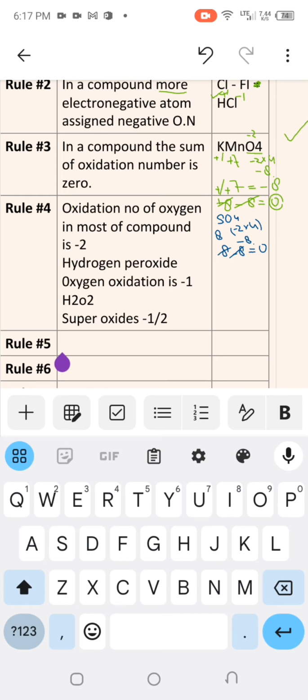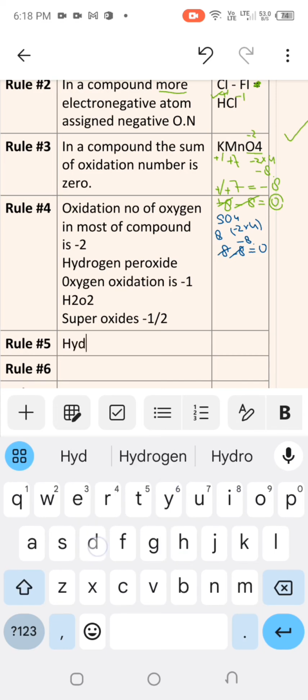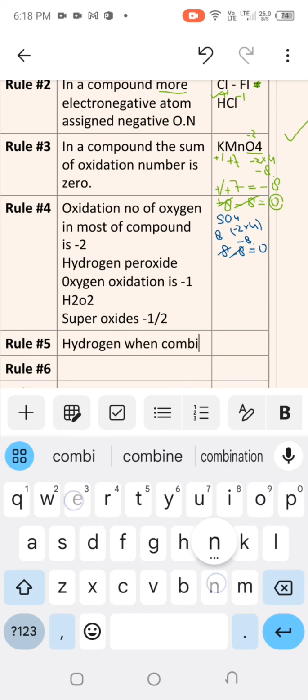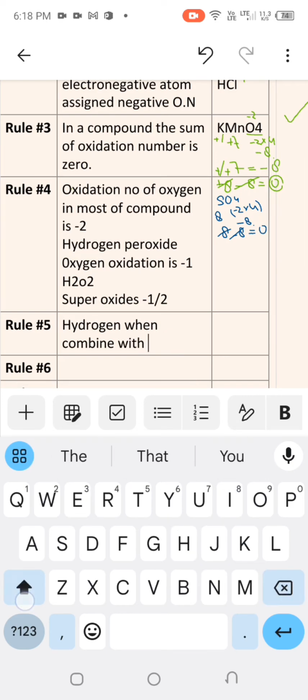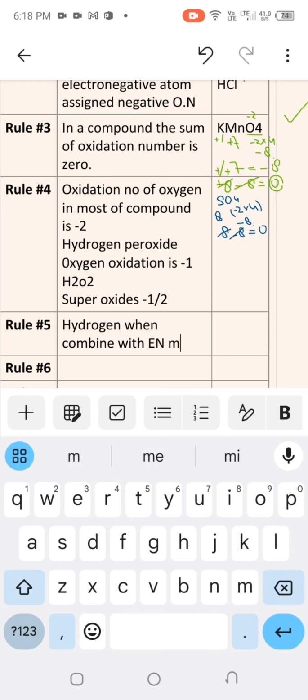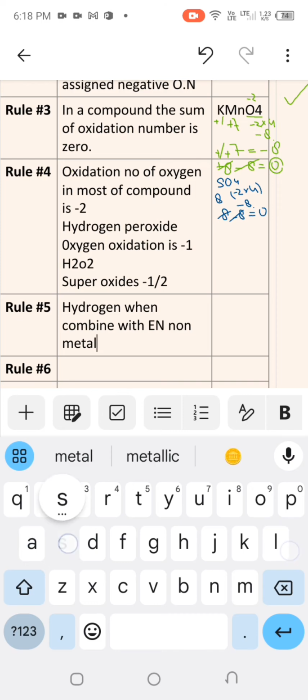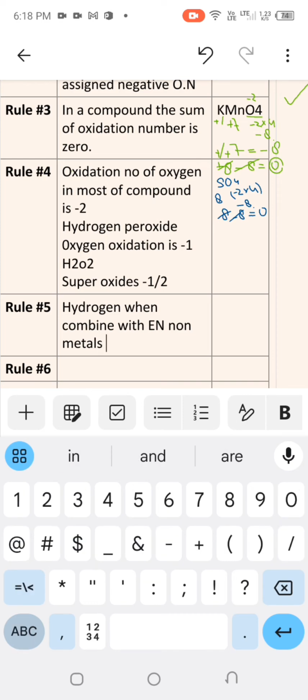What is the oxidation number of hydrogen when it combines with an electronegative non-metal? So that is +1. Okay, so hydrogen, when combined with electronegative non-metals, is basically +1.